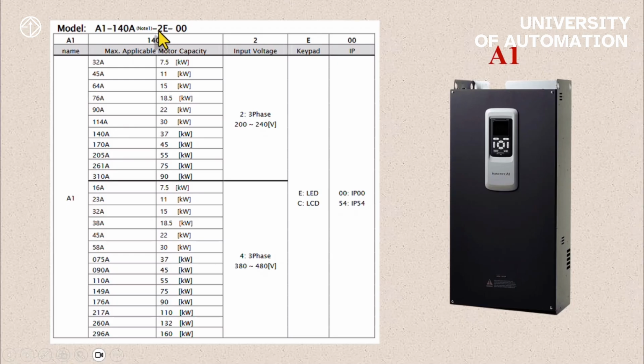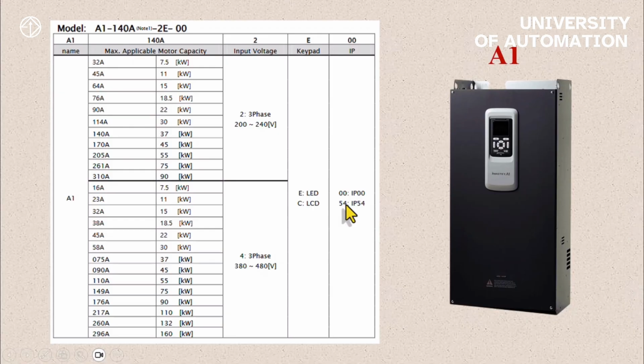After the input voltage, the next letter specifies the keypad. If it's E, the keypad is LED, and if it's C, the keypad is LCD. The last dash, followed by a number, indicates the device's IP rating. If it's 00, the IP rating is 00. If it's 54, the protection IP of this inverter is 54.